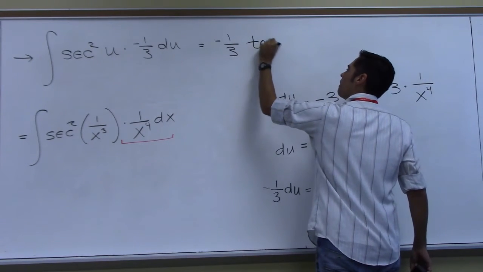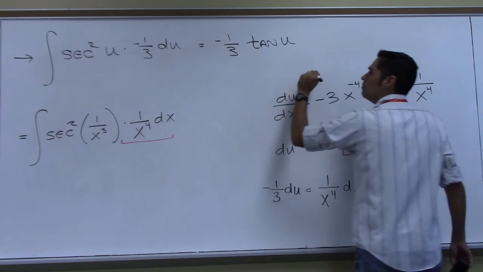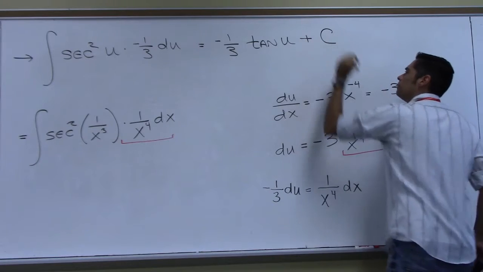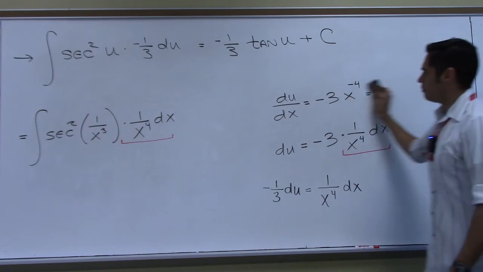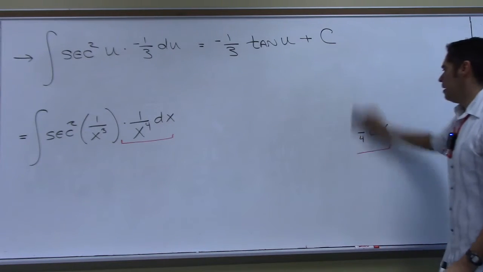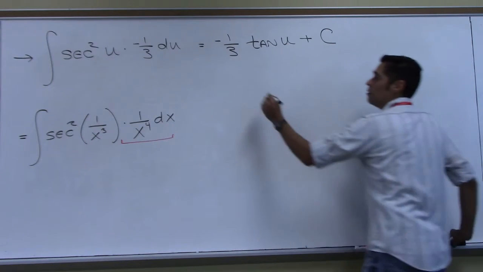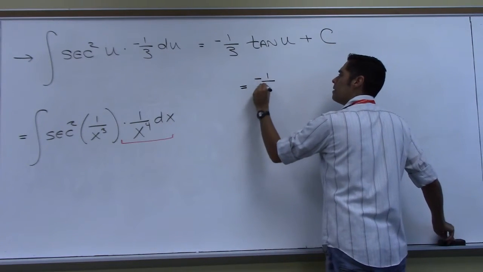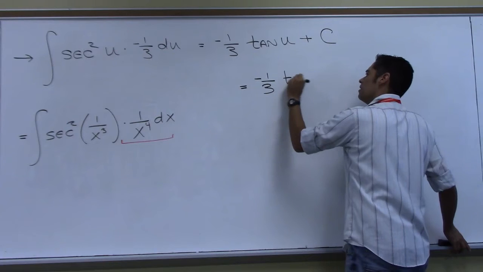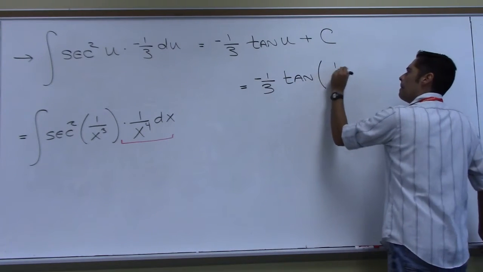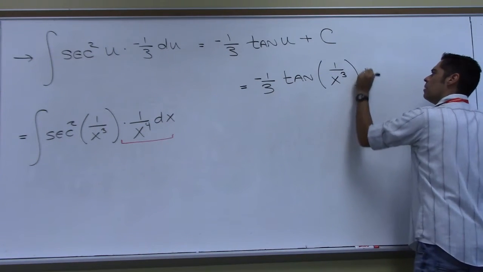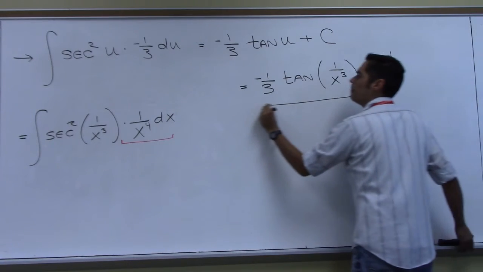Tangent u plus c. And then replace u with what it was. What was u? 1 over x cubed plus c. We're done.